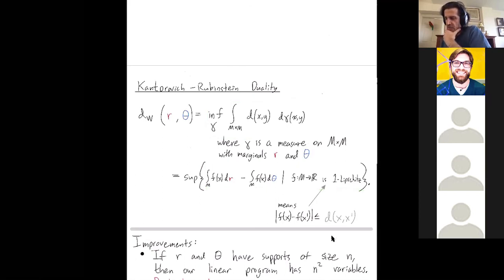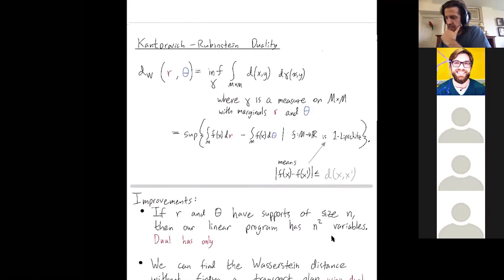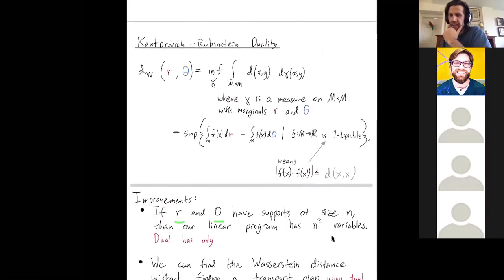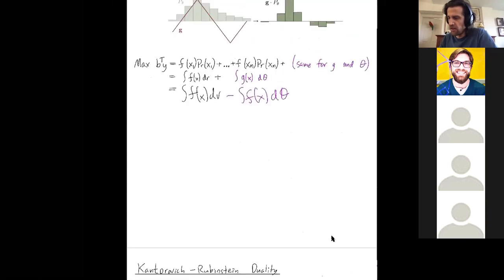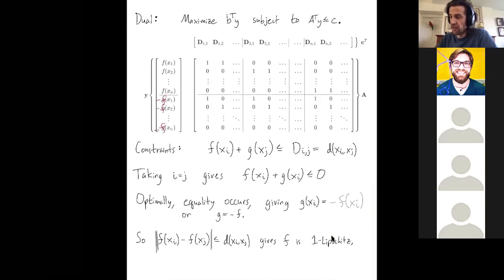We have various improvements once we've dualized things. So R and theta were measures supported on n points. In the primal problem, our variable was this transport plan, which had size n squared. But the dual problem has only n variables, right? In the dual problem, our variables are the values of f, this Lipschitz function f, which gave us g, because g was negative f, and this has only n entries in it, right?